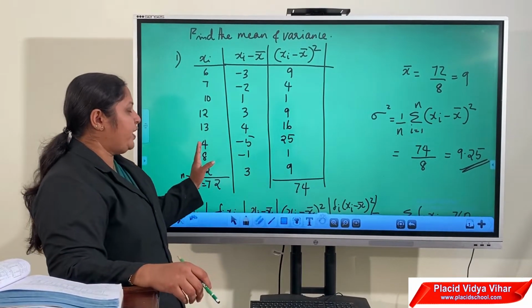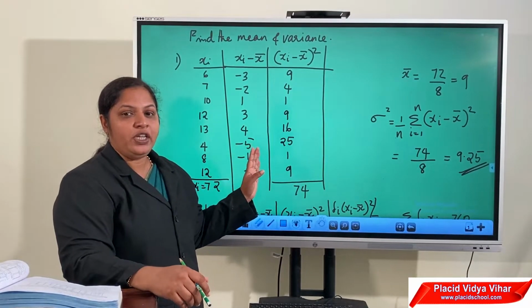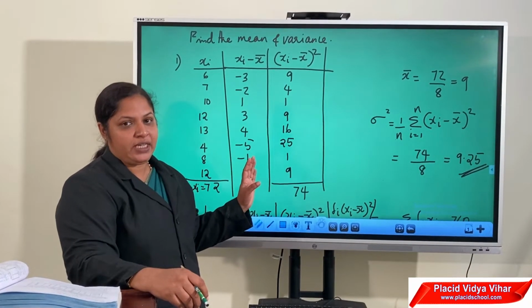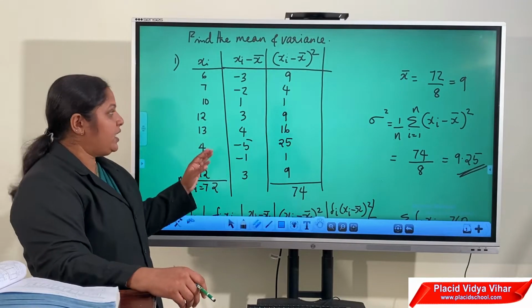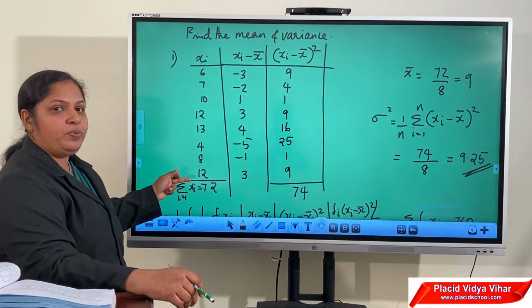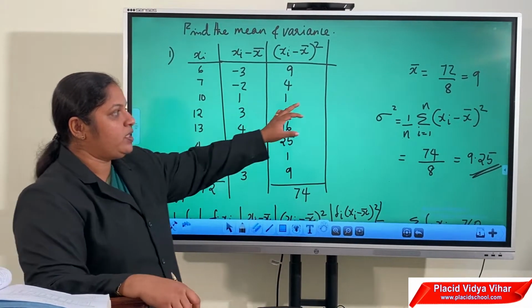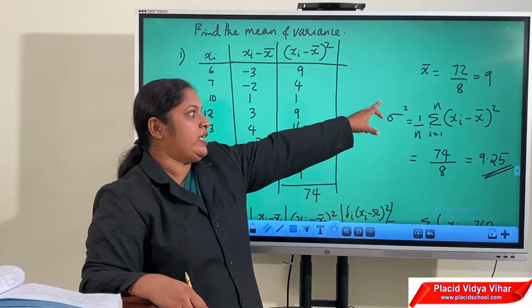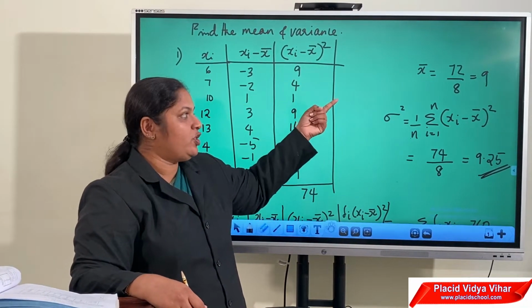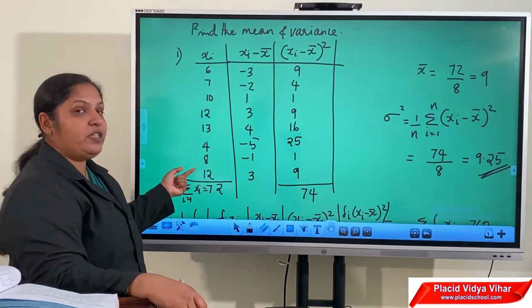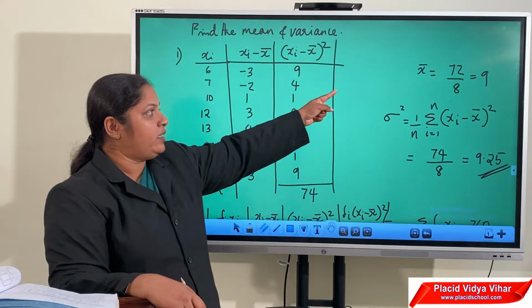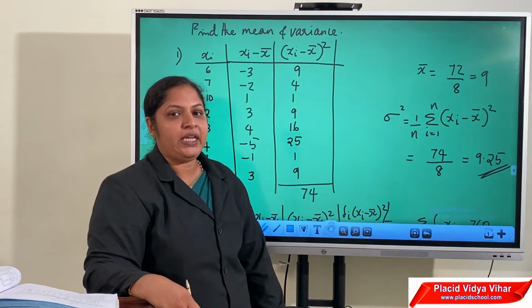So in order to find the variance, first thing we need to do is find the mean of the given data set. To find the mean, simply add all the observations and divide by the number of observations. It will give you 72 by 8.